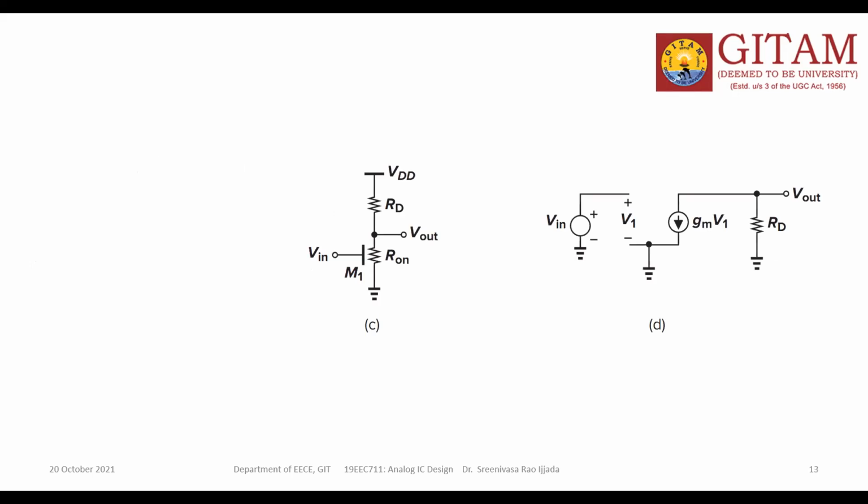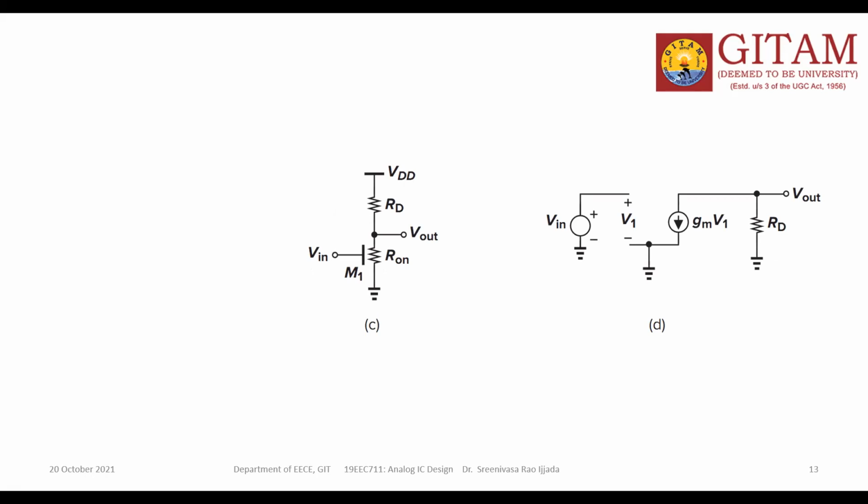Whenever the transistor M1 is working in the deep triode region, I can replace the M1 transistor with a voltage variable resistor, R. Generally this is the equivalent circuit, which we already discussed in the first module.